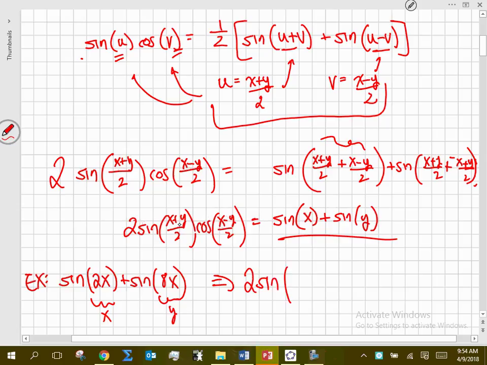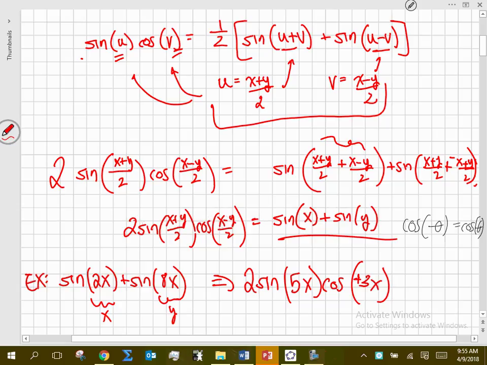What's x plus y going to give me? 10x, and then I divide by 2, right? So it gives me that 5x. And then cosine of x minus y over 2. What's 2x minus 8x? Negative 6x. Divided by 2 becomes negative 3x. But here's the nice thing. What is the cosine of a negative theta? It's just cosine of the positive theta. So this actually can just become positive 3x if I want it to be.